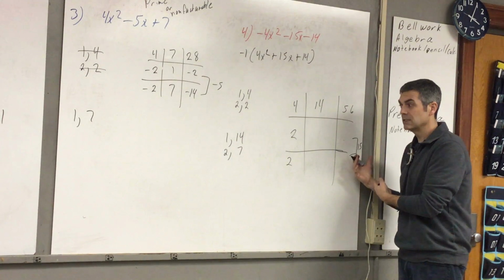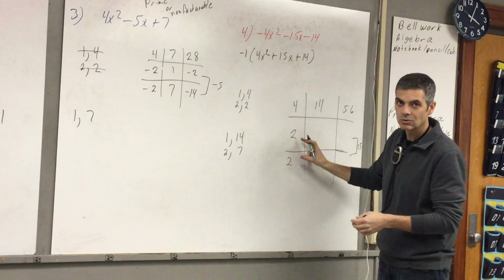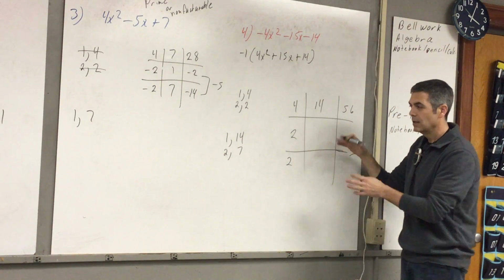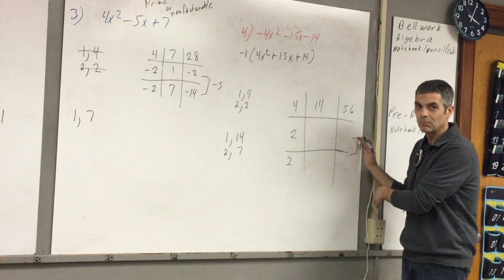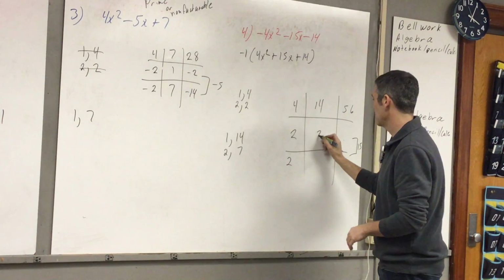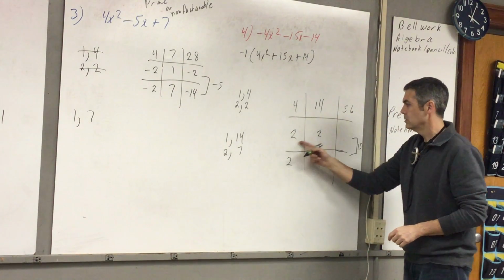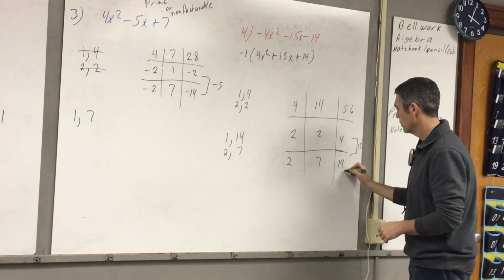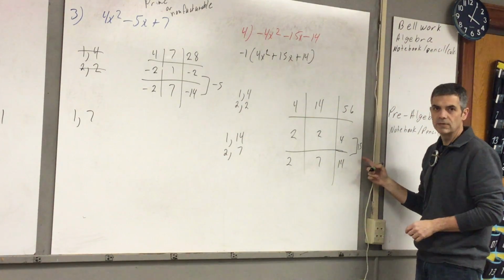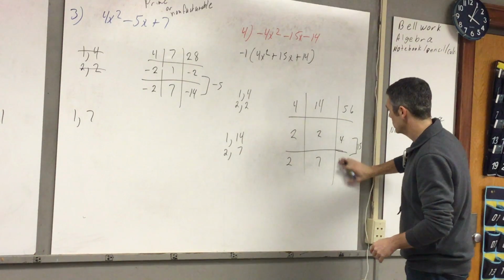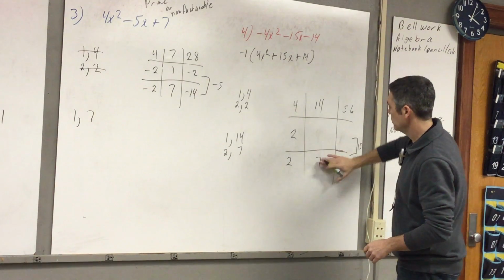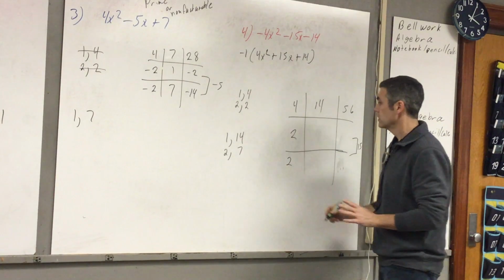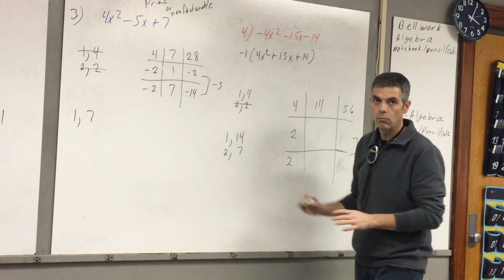It still ends up in the same spot. That's why I kind of chose the 2s to begin with, right? Because I know I don't have to reverse them, right? So now I'm going to do the 2 and the 7. All right, 2 times 2 is 4, 7 times 2 is 14. They don't add to be 15. Okay, so it's not those. So that means that the 2s don't work.